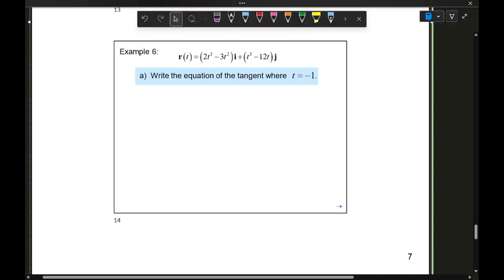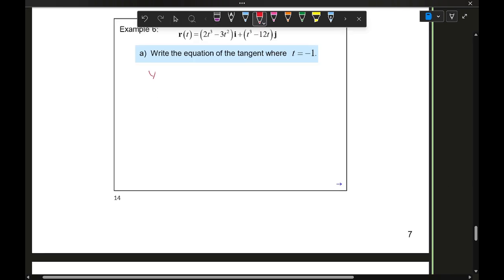Okay, so we need to find the equation of the tangent where t equals -1. So the first thing we need to say here is what the equation of a tangent looks like. That's going to be taken from point slope form, which is just y minus b equals m times x minus a, and then we need to find a, b, and m, where a comma b is the point we're going from, and m, of course, is the slope.